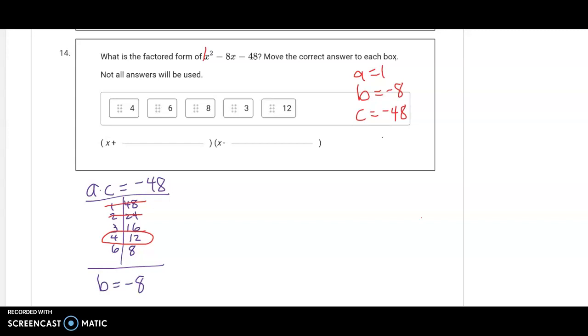So let's make one of them negative, but it's very important to know which one. So if I have -4 and +12, or +4 and -12, let's see, these ones add up to +8, these ones add up to -8. So the 12 is the one that has to be negative. Keep that in mind, okay?